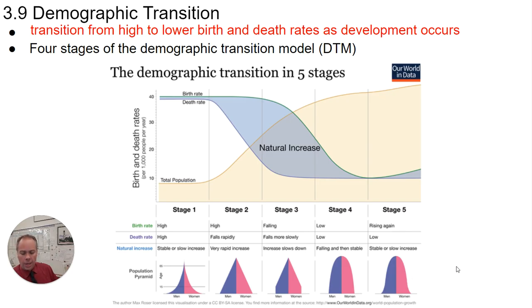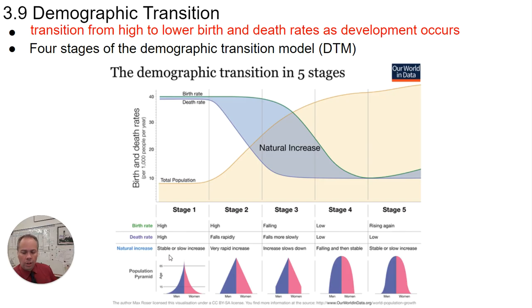So in stage 1, we would consider this pre-industrialization. Basically all of the world was in stage 1 up until late in the 18th century. There were generally high birth rates and high death rates. This is at a time when there may be food scarcity, poor sanitation, and poor medical treatment, etc. When you have high birth and death rates, you have relatively low population growth, because they are somewhat balanced.